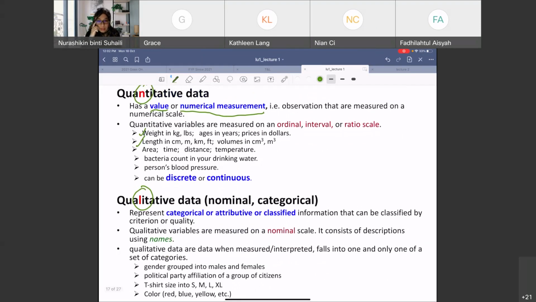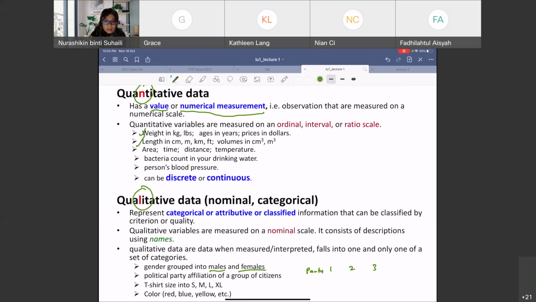So qualitative means something related to qualities, attributes, features, characteristics. Yeah? For example, gender, males and females. Political party affiliation, maybe party 1, party 2, right? So it's very unique. I mean, it's not something that you can measure.